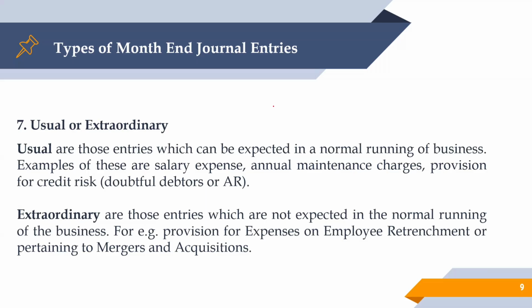For example, provision for expenses on employee retrenchment or pertaining to mergers and acquisitions. That's going to be the extraordinary journal entries. And the usual, that's going to be the expected in a normal running business.